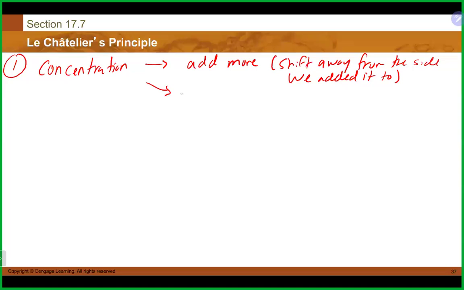And the other thing you could do is remove some concentration. And when you do that, it will shift towards the side you removed it from.